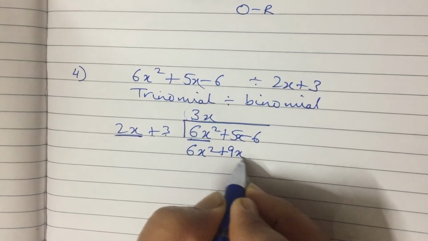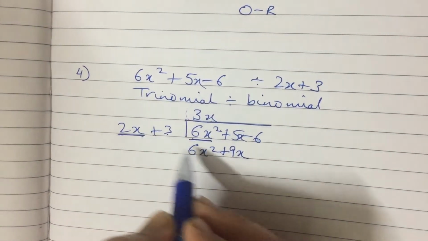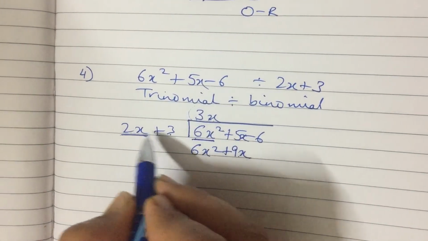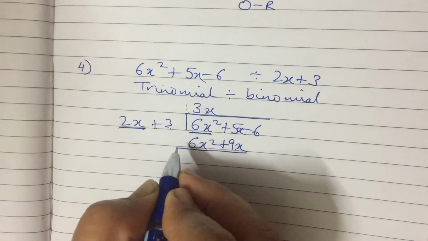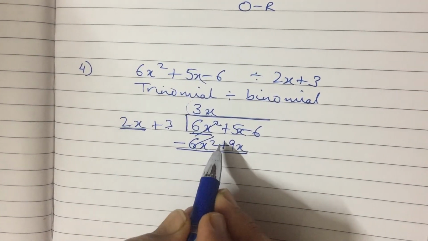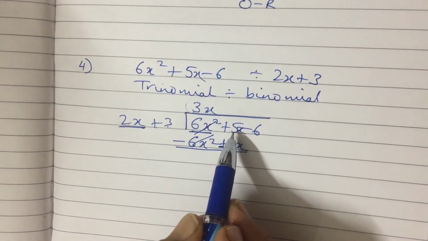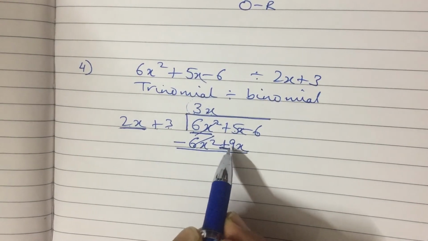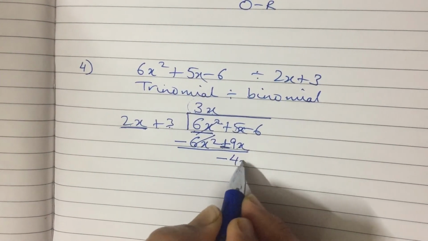Now you don't have to multiply further because you've already done the product of a monomial into a binomial and you've obtained a binomial. So we subtract, signs change in the vertical method. This cancels out. This plus becomes a minus. So now you will pick it up as a 5x minus 9x. Now 5x minus 9x is a minus 4x.